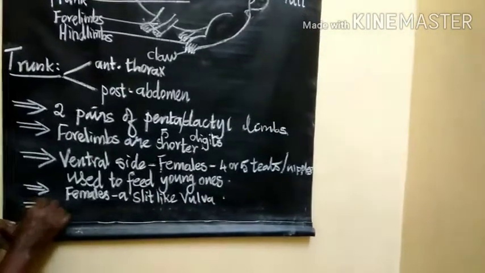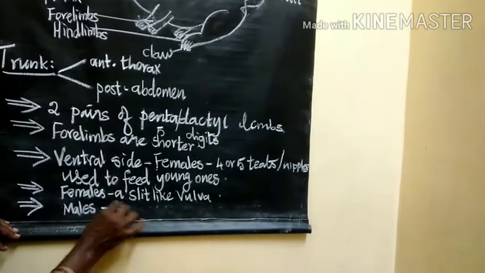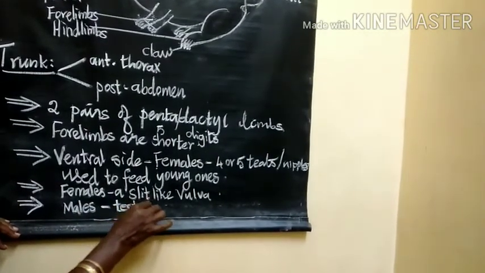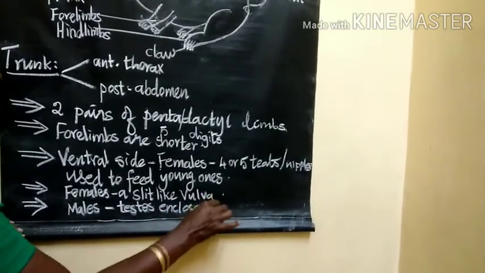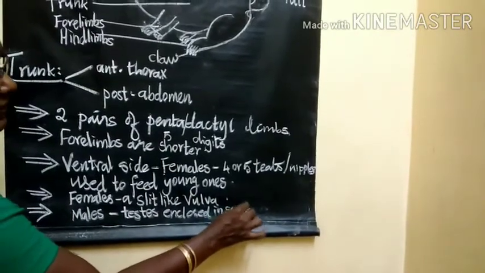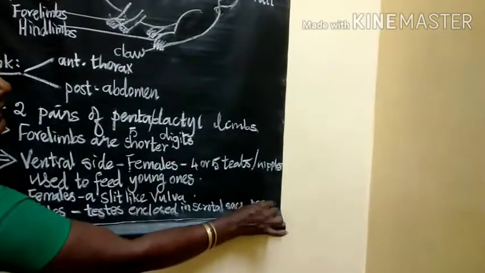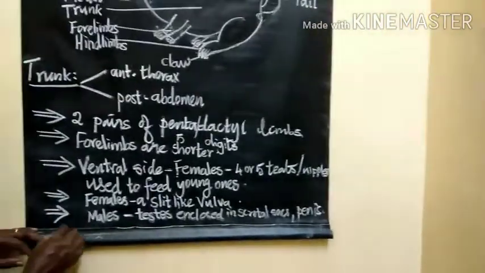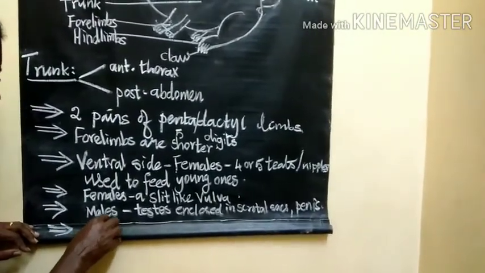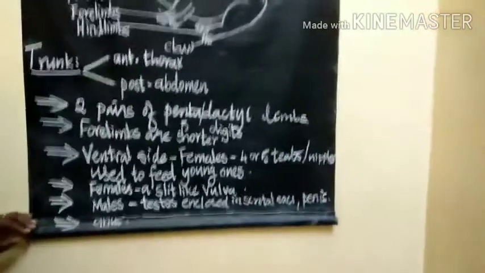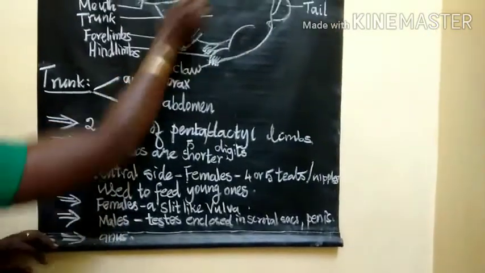In the males, instead of vulva, a pair of testes, singular testis, plural testes, enclosed in scrotal sacs, and the penis is present. Then at the posterior-most part at the base of the tail, anus is also present. These are the various structures seen in the trunk region.